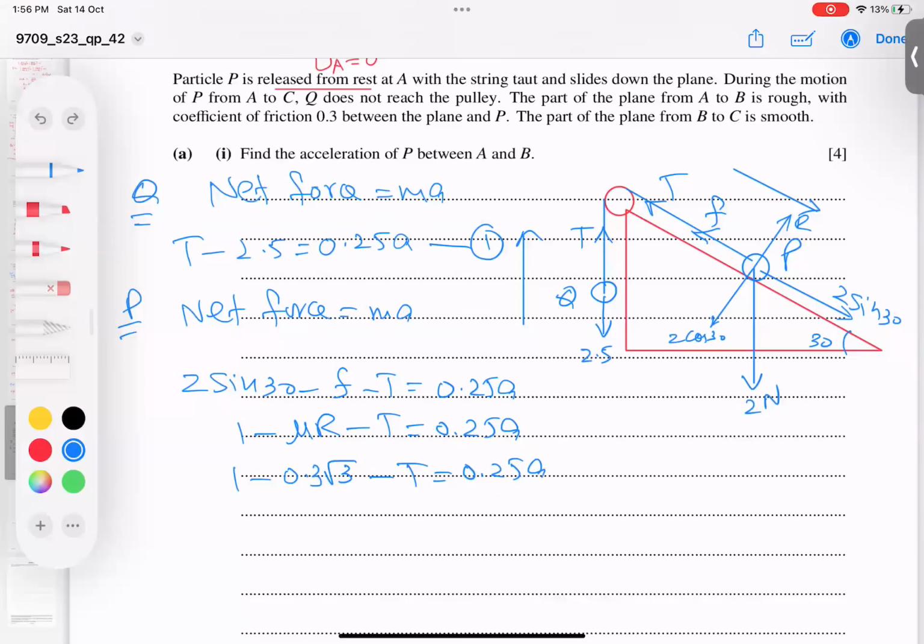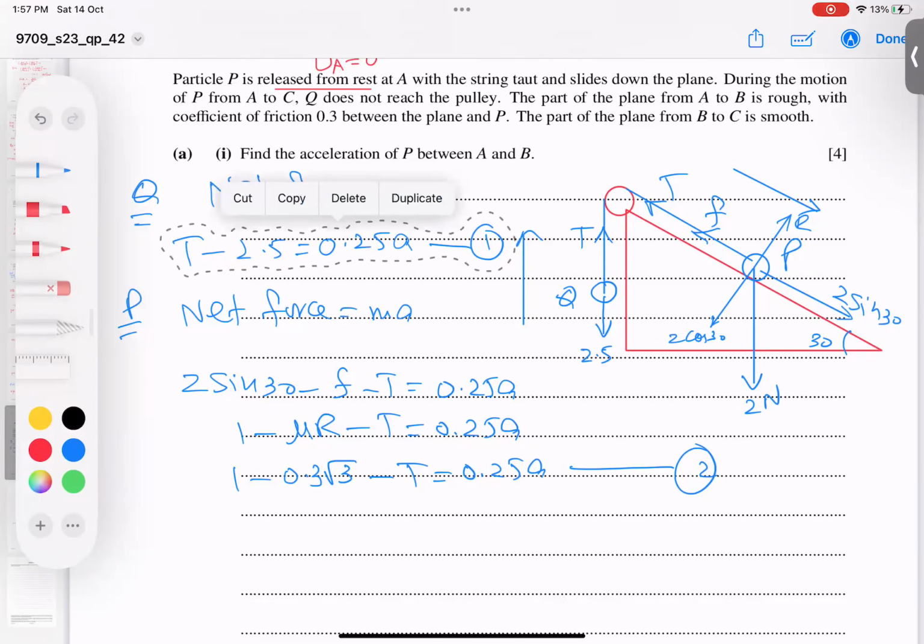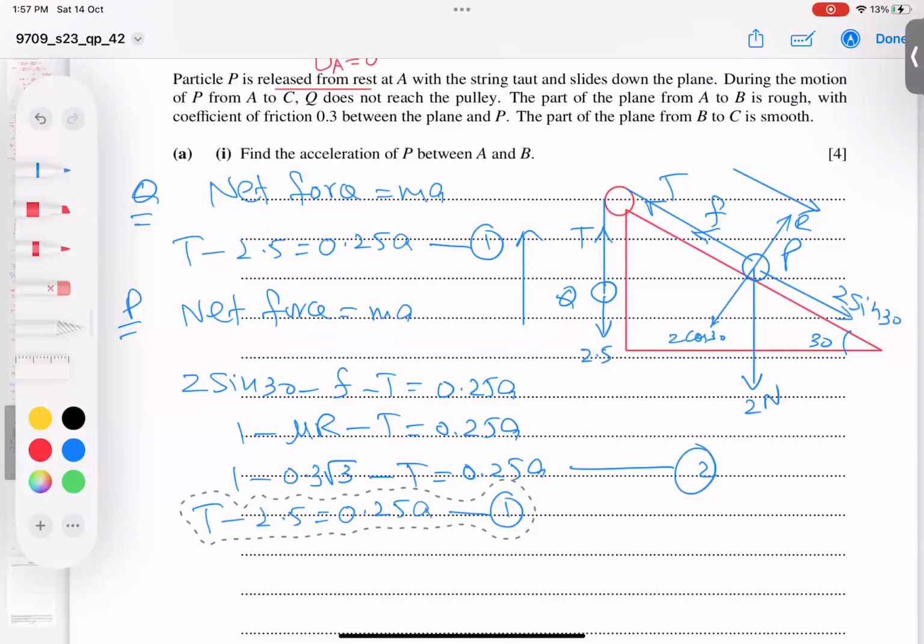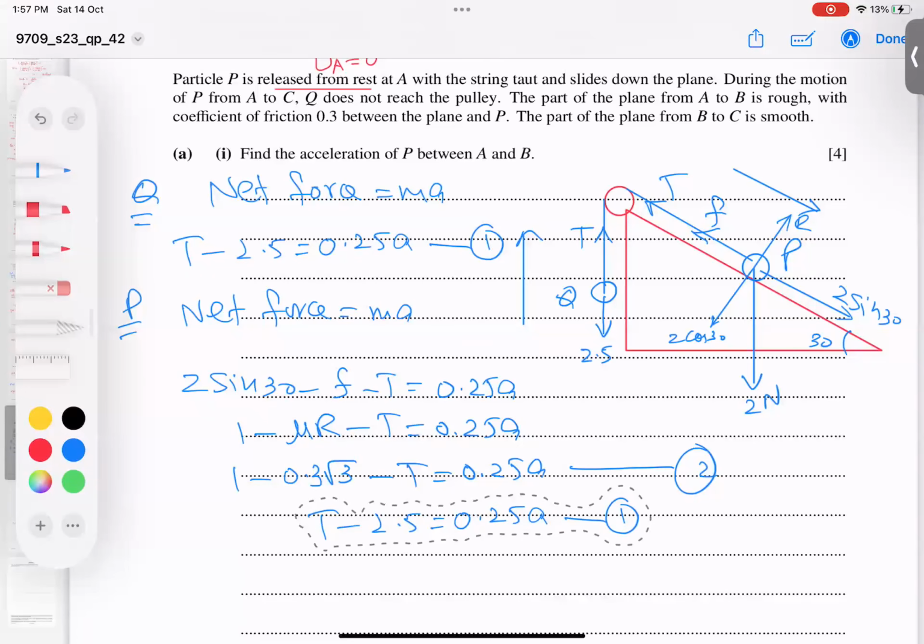Now if I bring down that equation, this is equation number 2, and I copy paste equation number 1. Let's see what happens then. Naturally, what will happen, students?